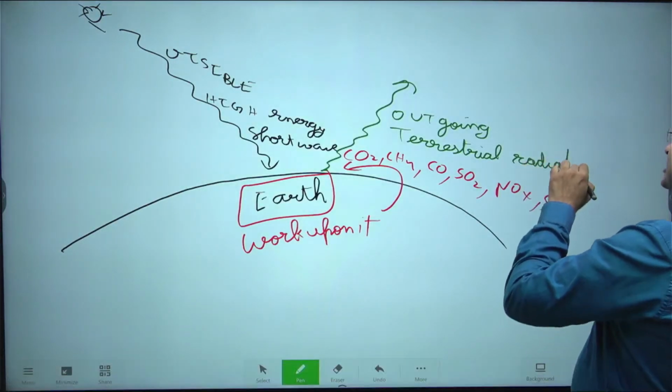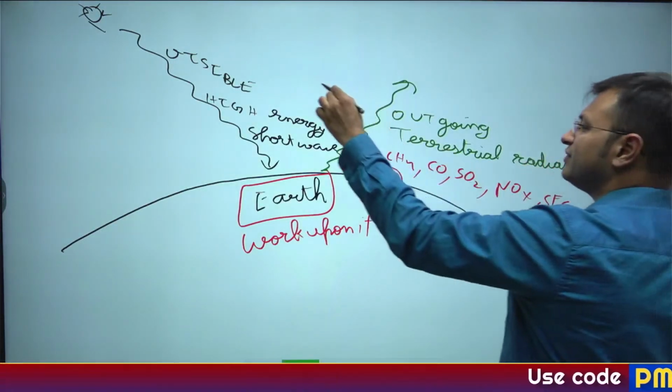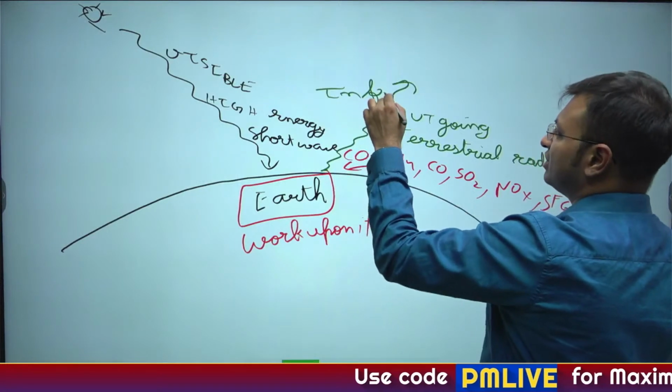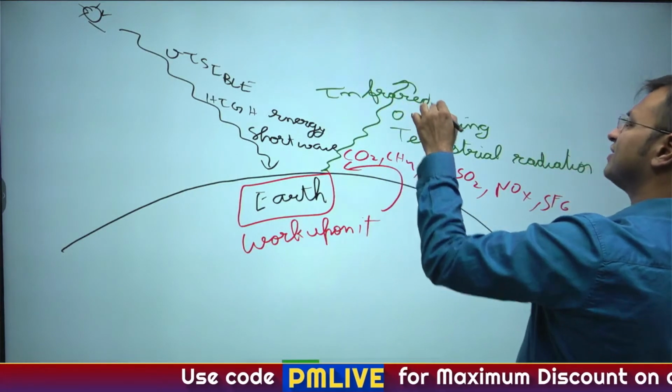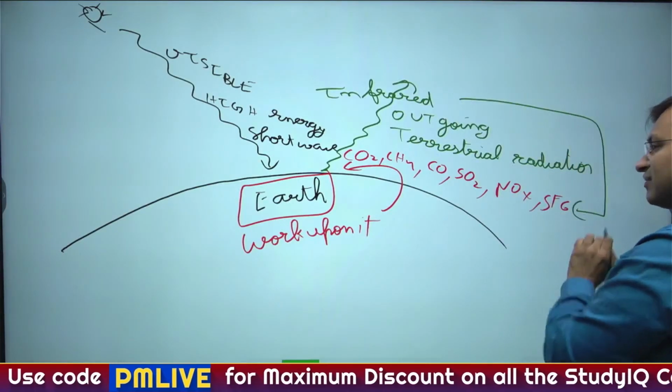This outgoing terrestrial radiation is in the form of which wave? It is in the form of infrared. So this infrared now will be absorbed by all of these gases.